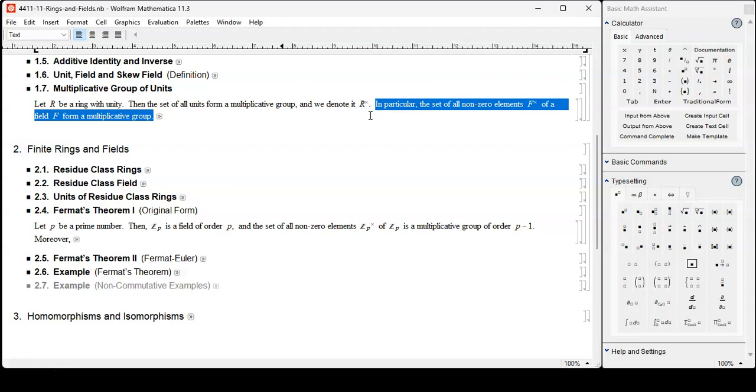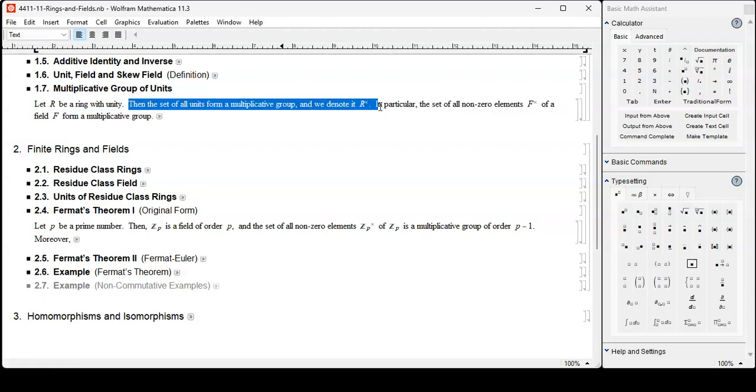And the second claim here is, as a matter of fact, an immediate consequence of the first claim here. Why? We're talking about a field here. For fields, every non-zero element is a unit. Every non-zero element has a multiplicative inverse.